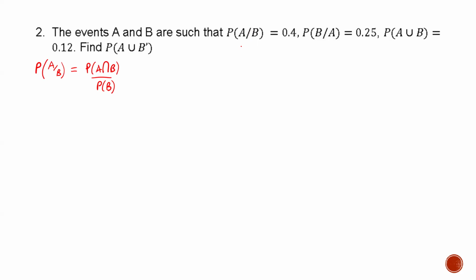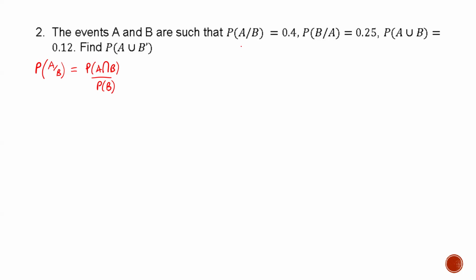Now, A given B simply means the probability of A happening given that B is going to happen. And it's computed by the probability of the intersection of A and B divided by the probability of B. This makes sense if you think about it, but it may not make sense straight away.